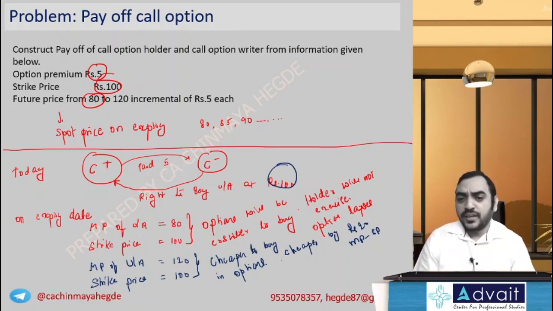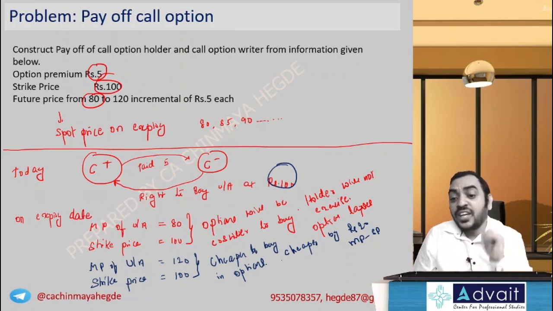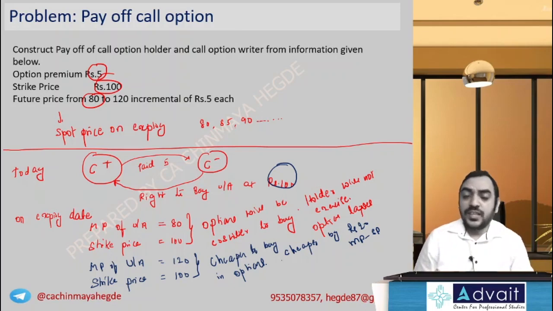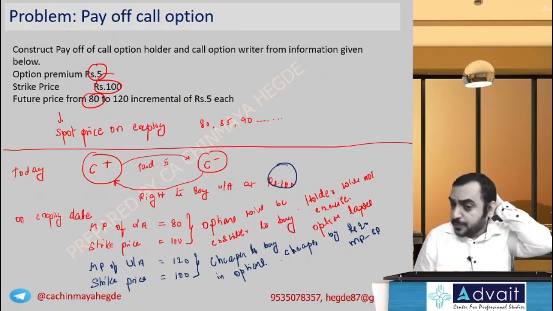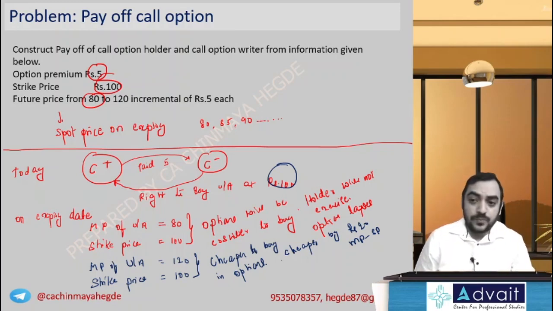You make a profit of 20. So both ways you can view. If you're planning to buy and hold, you'll have a saving of 20 rupees. If you're planning to buy and sell immediately, you will have a profit of 20 rupees. Either way, the value of the option is worth 20 rupees. In terms of saving or in terms of profit, that is called intrinsic value.